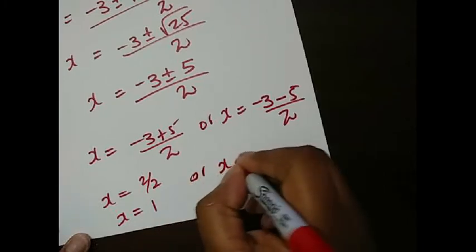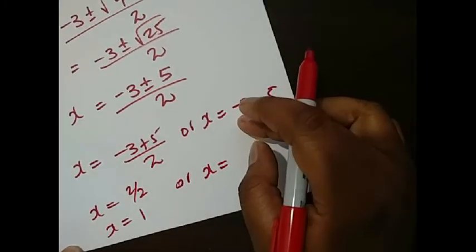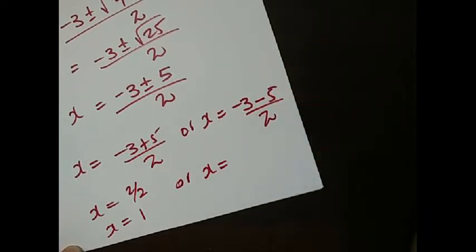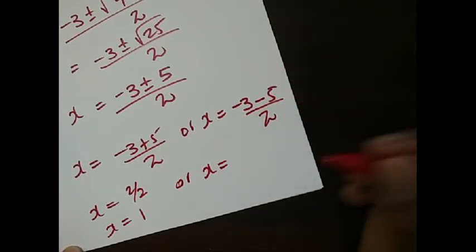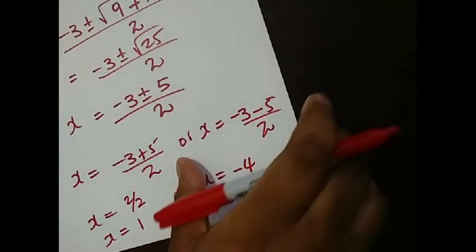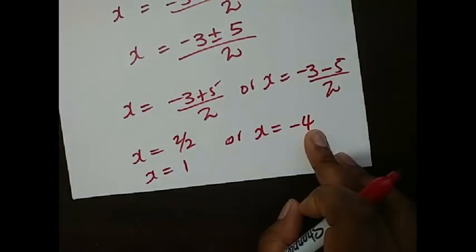Or x is equal to negative 3 minus 5, which is negative 8, and negative 8 divided by 2 gives us negative 4. So we have solved.